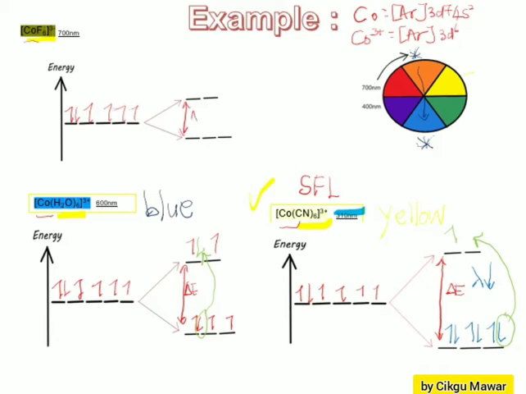Here is the energy difference, and we can see that it is a smaller difference only because fluoride is a weak field ligand. So let's fill up the electrons: 1, 2, 3, 4, 5 and 6.